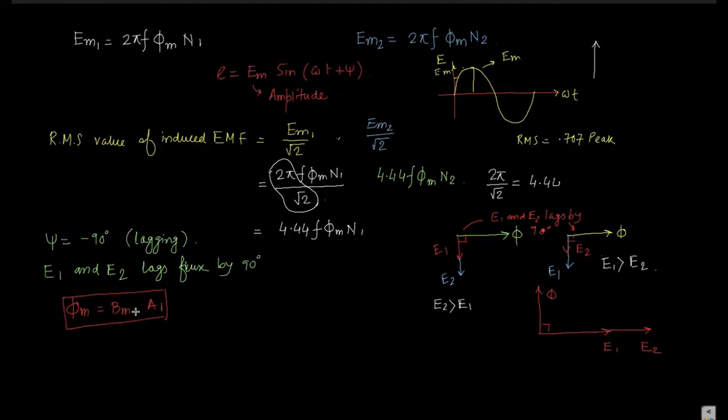So as phi m becomes B dot A1, we can replace phi m by this. Then E1 becomes 4.44 into N1 into f into Bm into A1, and E2 becomes 4.44 into f into Bm into A2. These two are in the form of the area of the coil.